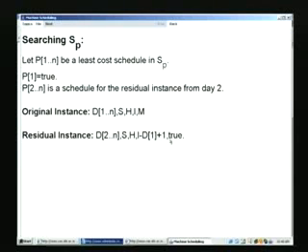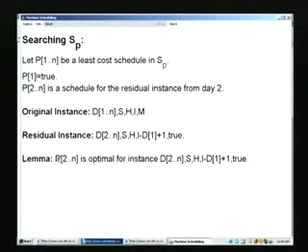The final component is the machine status. Over here the machine status could have been whatever. Now we know that since we did produce on the first day, the machine status had better be true. So this is the residual instance, and clearly P 2 to n must be a schedule which satisfies this residual instance.